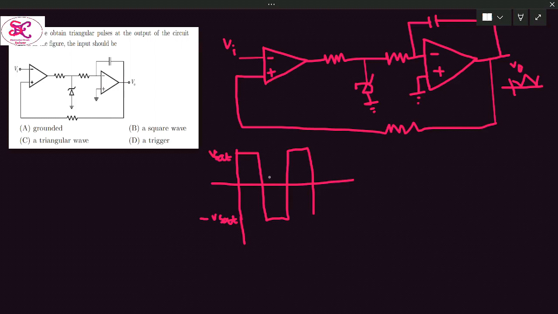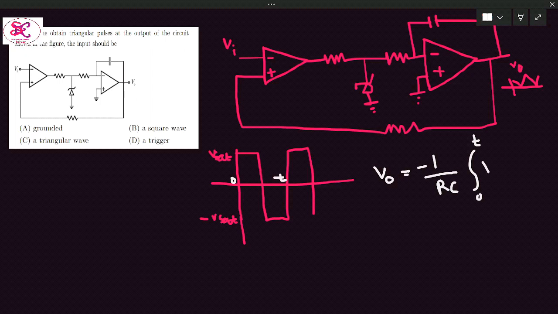We know the formula of the integrator. Before that, say this is 0 and this is t. I am considering in general a total cycle, which includes one positive half cycle and one negative half cycle. So the output voltage of the integrator is equal to minus 1 by RC, integration from 0 to t of the input to the integrator.